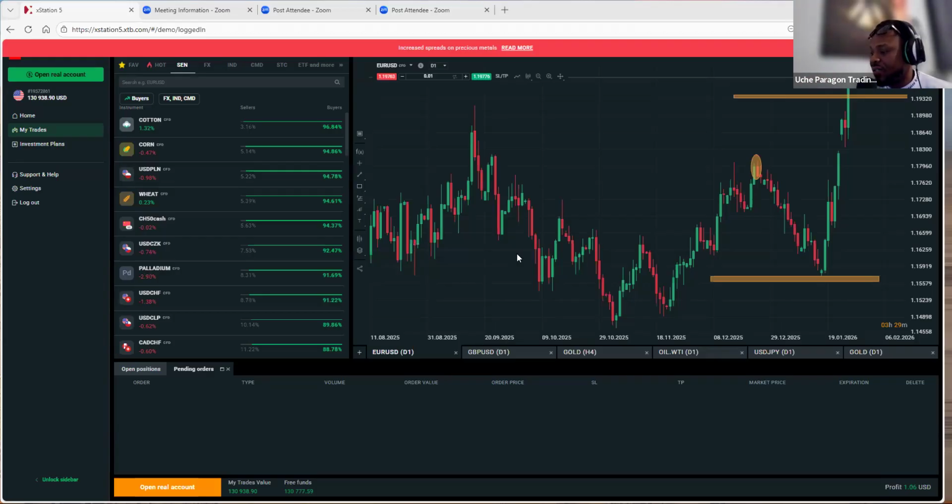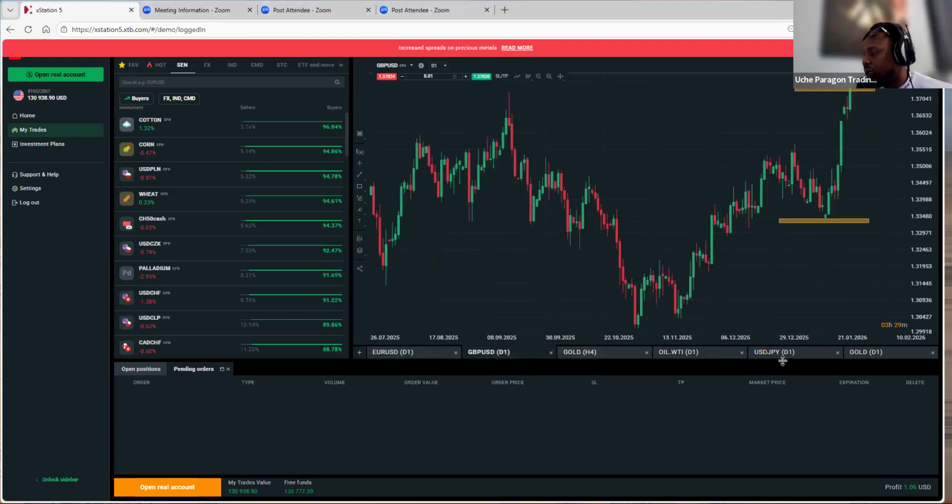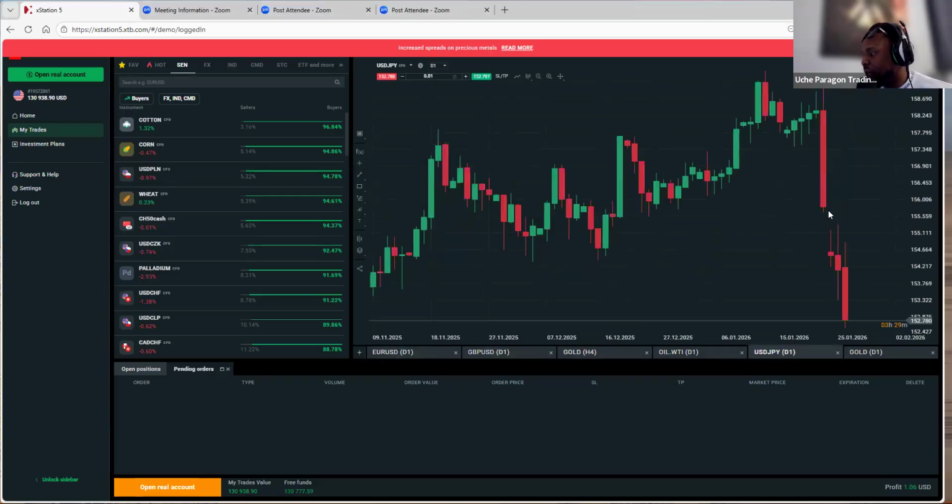So when it comes to FX, you see EUR/USD, GBP/USD, USD/JPY. You see that the chart goes up and down, up and down. What makes them go down is when one currency is weak and another currency is strong. So as a trader, the first strategy you will learn is to know what could make a currency go weak and what will make a currency go strong.